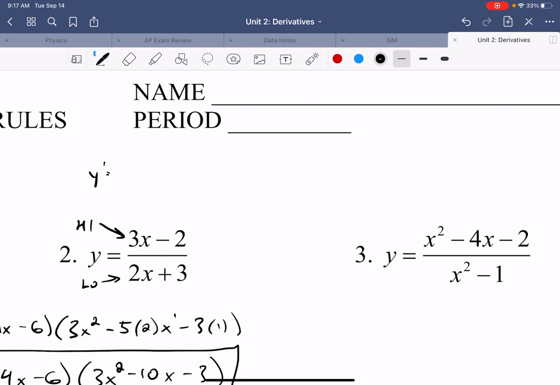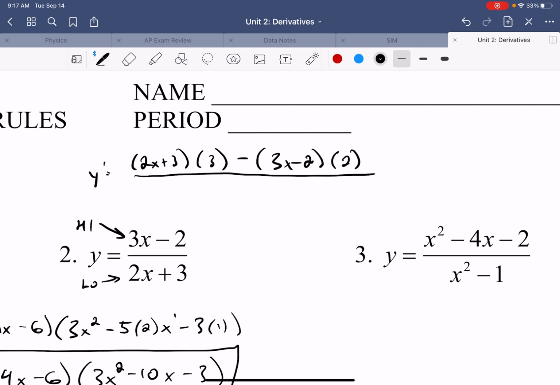So low is the bottom function, 2x plus 3. D high is the derivative of the top. So the derivative of 3x minus 2 is just a 3. Minus high, which is 3x minus 2. D low is the derivative of the bottom, so that's 2. All over low squared. So the low is 2x plus 3. Put a parentheses around it and then square it.